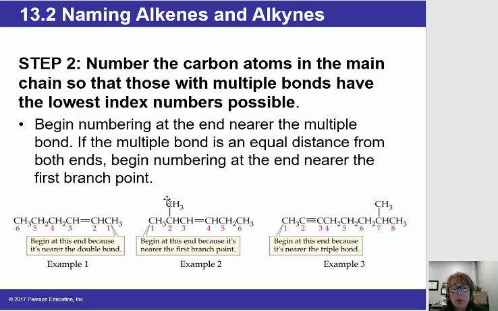If that's the case, you want to look for any branching and number it so that the branches get the smallest possible number. But we're not going to use the branches to determine our numbering if they're on opposite sides. So for example, in this last example here, the methyl branch is on the opposite side of the triple bond. We have to number to give the triple bond the lowest possible number.